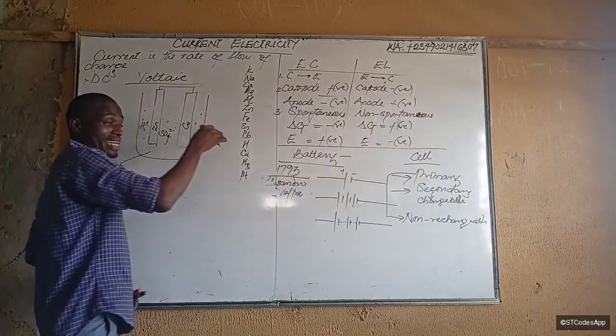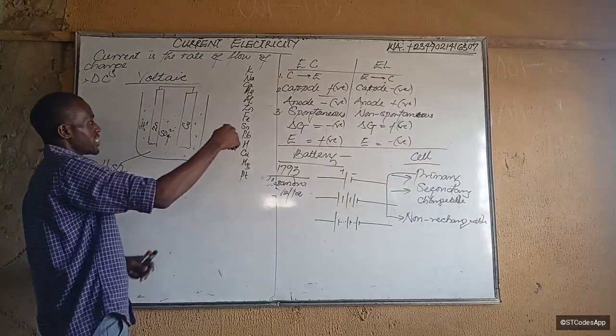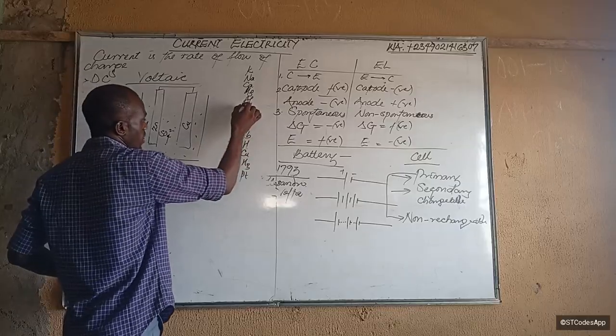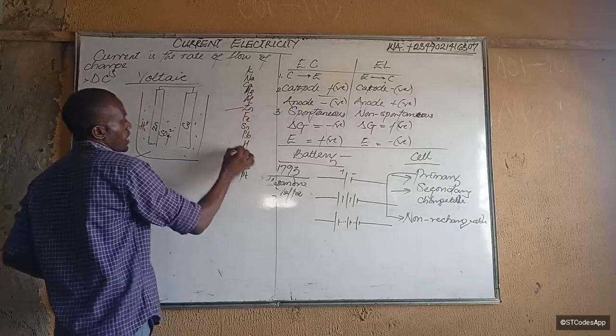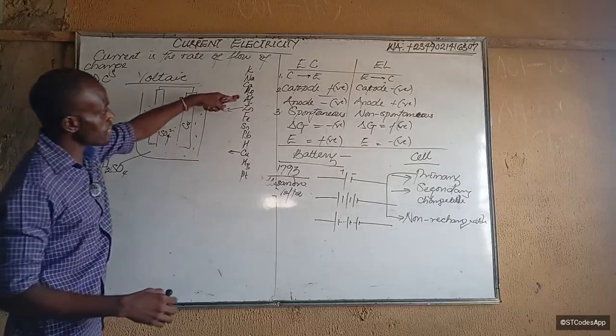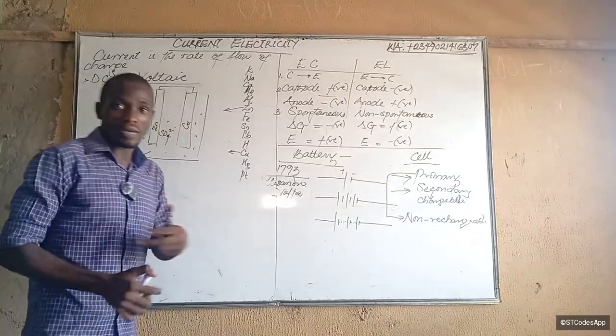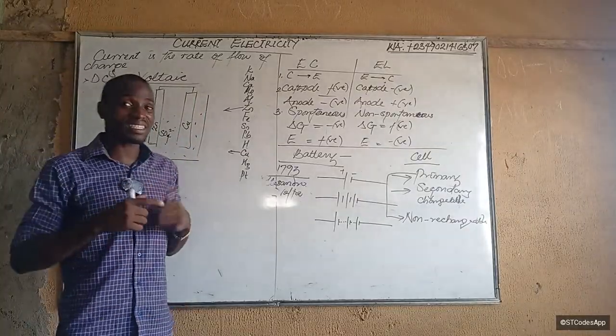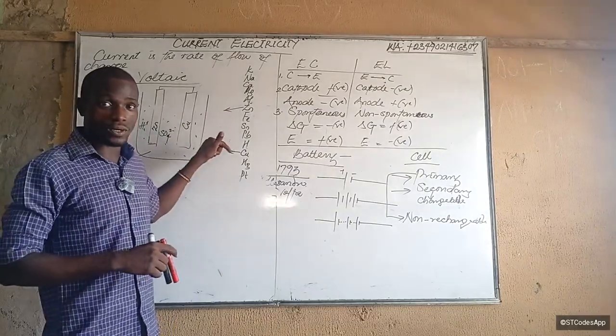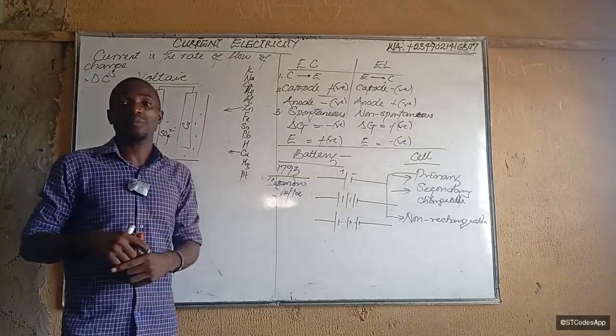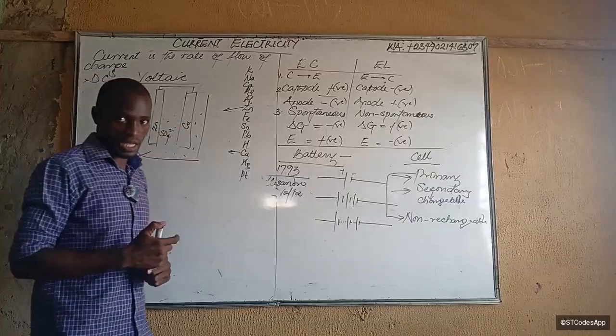Because these are the two that I need are already here. So we're gonna see zinc and copper. Now, what do you see here? You're going to see that zinc is higher in this series than copper. So what does that mean? It means that zinc has the capacity to donate electrons and copper will have the capacity to draw electrons.